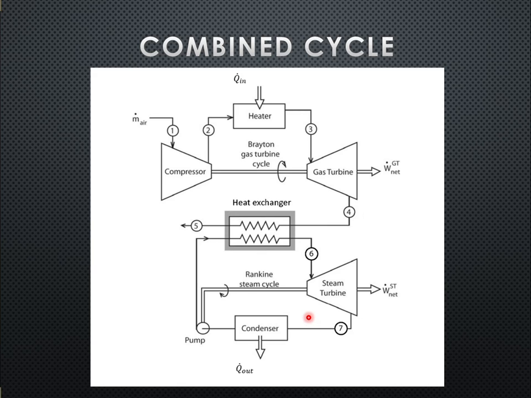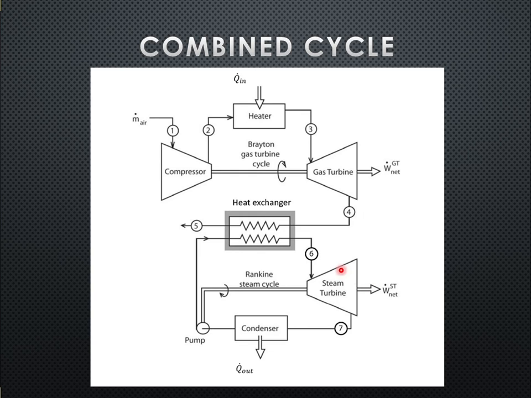The steam moves and starts cooling down and expanding. As you can see, on one side of the steam turbine we have another generator. It means all the mechanical work produced by the steam turbine is converted into electrical energy.